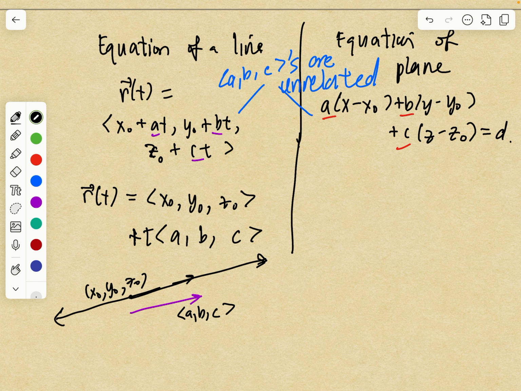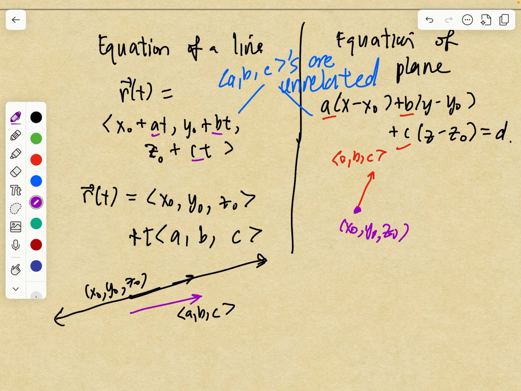And then for a plane, the picture that I have in my head is I have this vector A, B, C like this. And then I have a point x naught, y naught, z naught that's on the plane, say it's here.